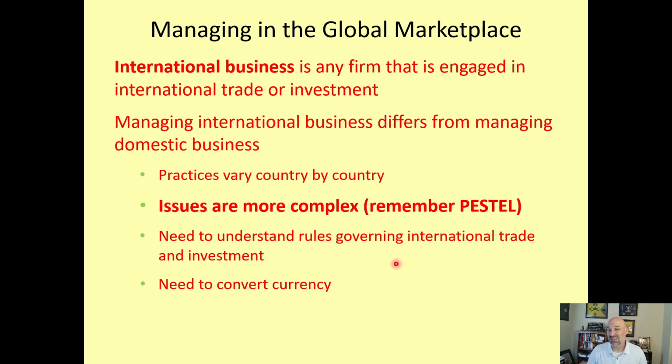It gets more complex if I go across the state, more complex when I go across the U.S., because now I've got 50 different state regulations that I've got to line up with. Now we're talking about the international community. It is just enormous. So I hope you really gain an appreciation for just how complex international business is.